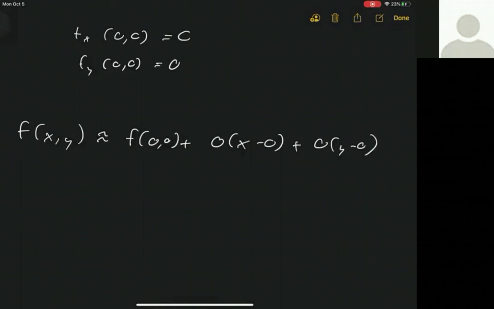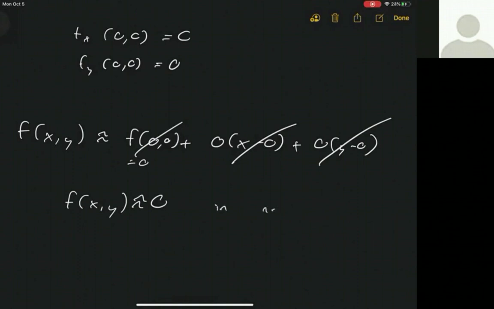So I get this very simple approximation that f(x, y) is approximately 0 in a neighborhood very close to my origin. And that might sound reasonable at first.